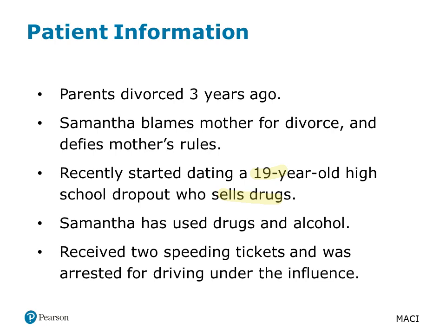She's also used alcohol, especially when she's with her boyfriend and his group of friends. She's received 2 speeding tickets, after which she had her car taken away by her parents. She was arrested for driving under the influence, but her dad, who's an attorney, was able to void any of the legal consequences.